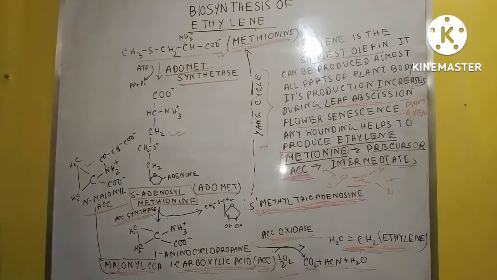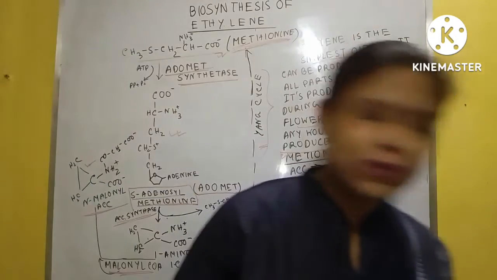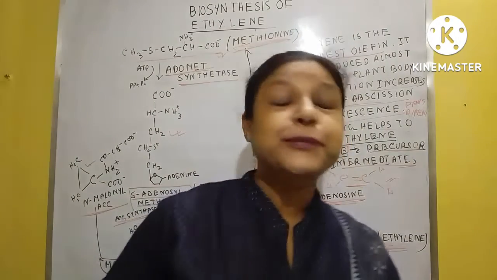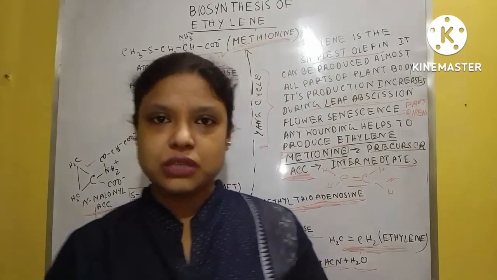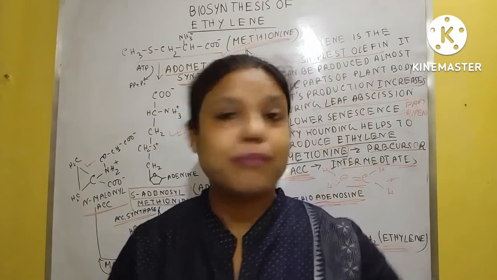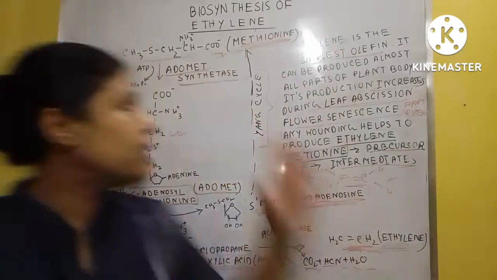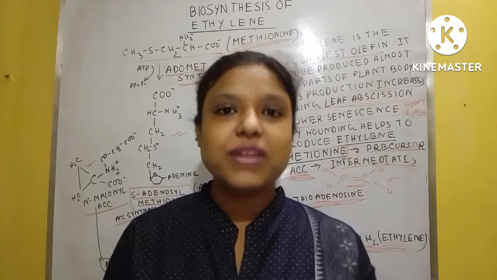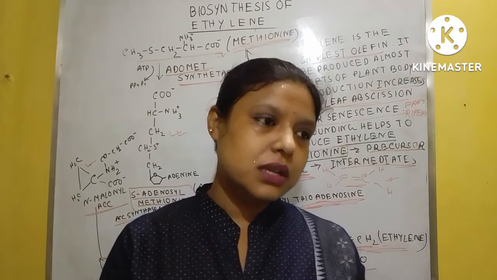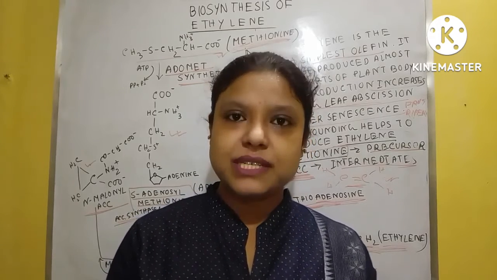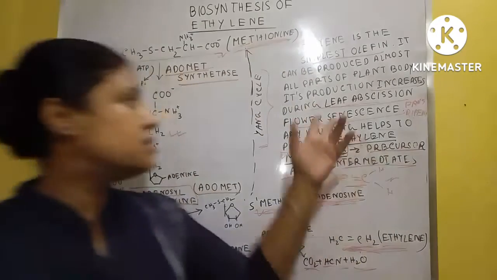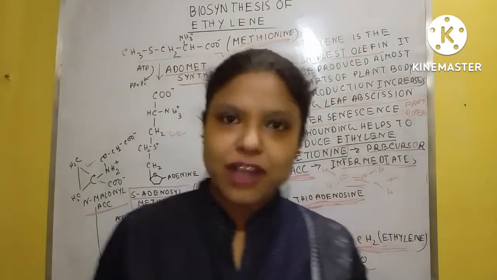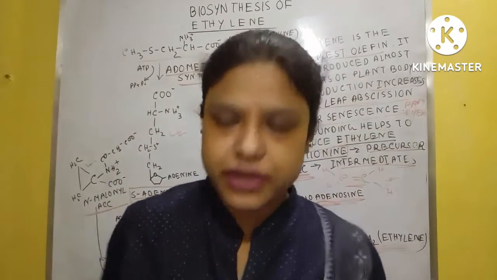So you can understand what ethylene is, how ethylene biosynthesis is possible, and what the precursor needed for it is. Now we will learn the actual function of the ethylene hormone in the plant's body parts, during abscission or the wounding process. Now we learn here.